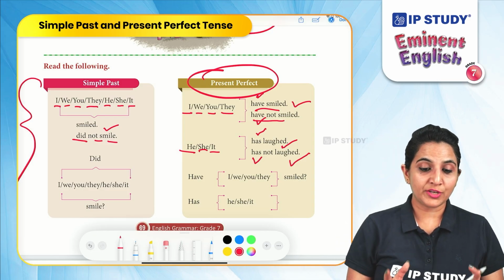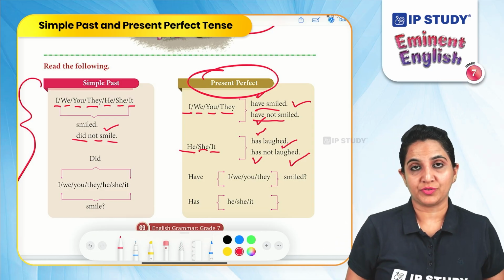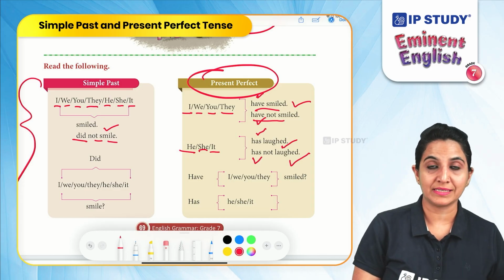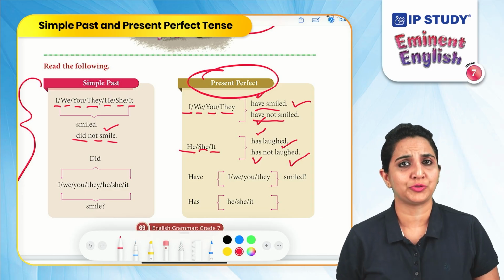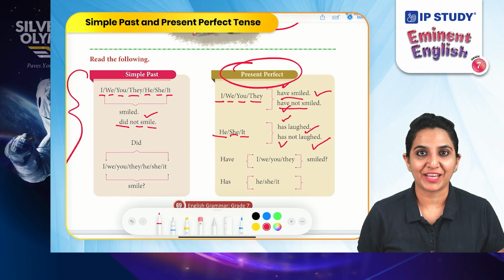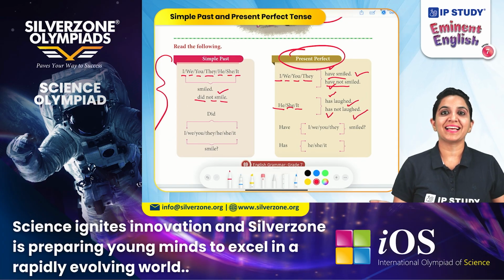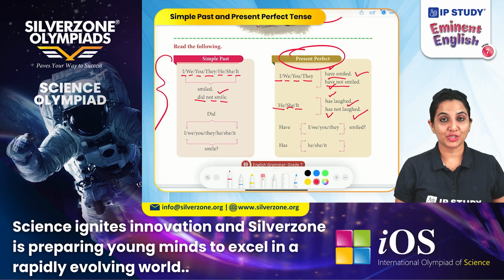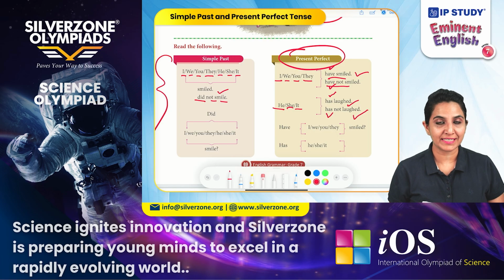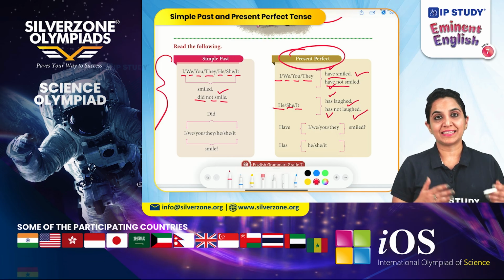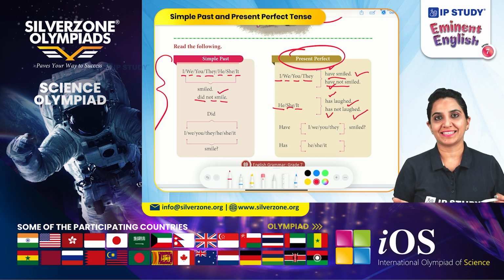Now, when you are forming the questions out of simple past and present perfect, how do you do that? Very good. You interchange the subject with has or have. So, have or did goes in the front, the subject comes the second.